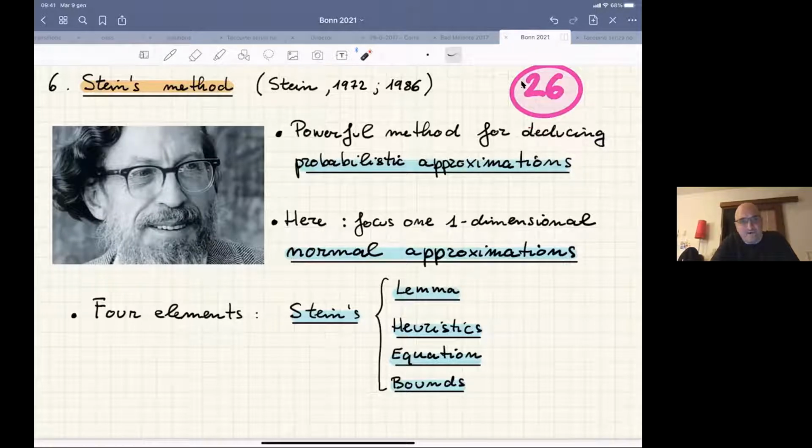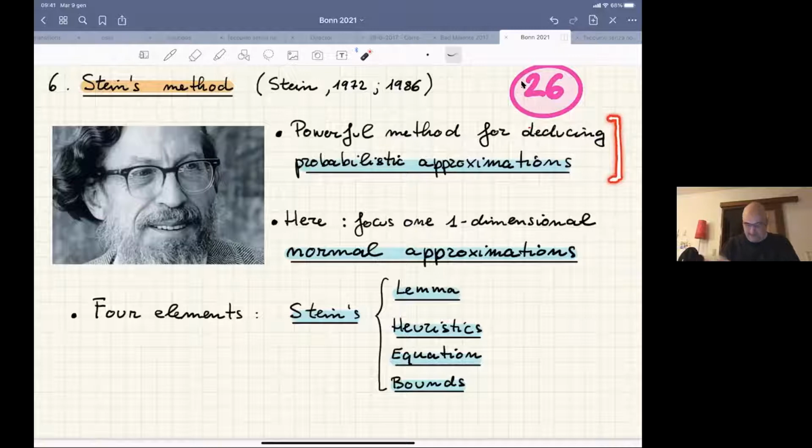And at a certain point towards the end of the 60s, while teaching his probability courses in Berkeley, he decided that he was not satisfied with the usual proof of the central limit theorem by Fourier methods. And so he developed his own method, and it turned out that this method was much more far-reaching than the usual central limit theorem, and has become a powerful method for deducing probabilistic approximations.